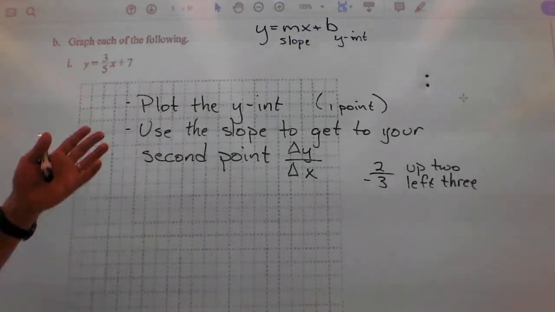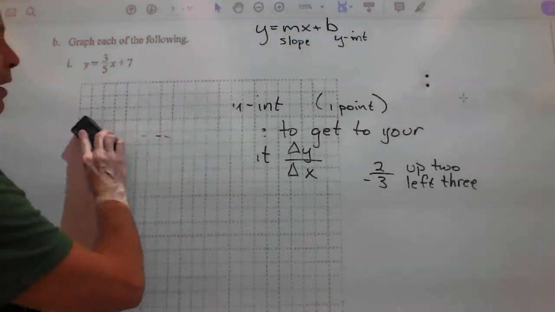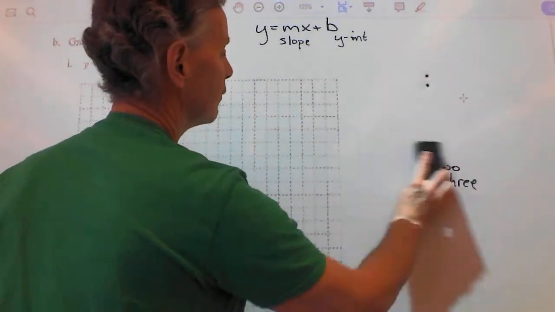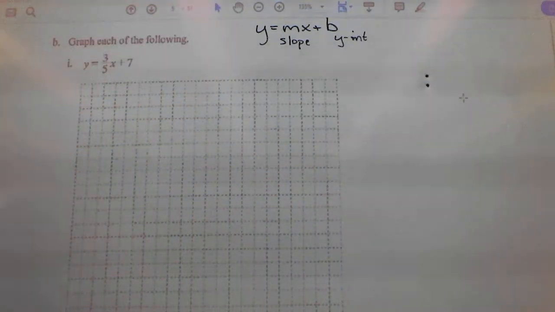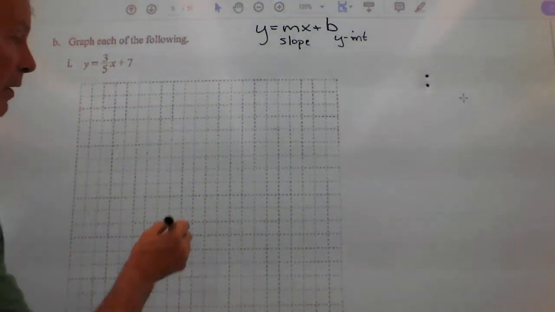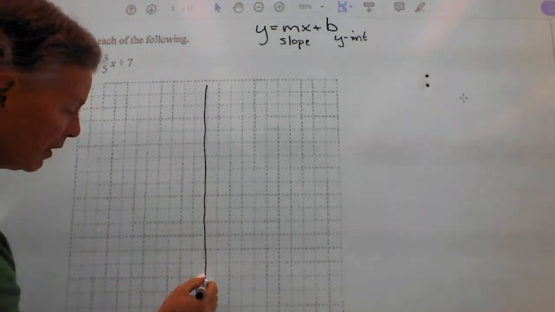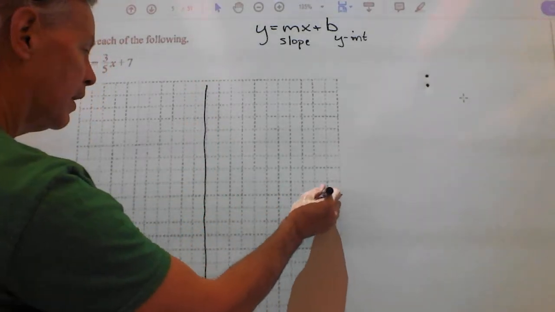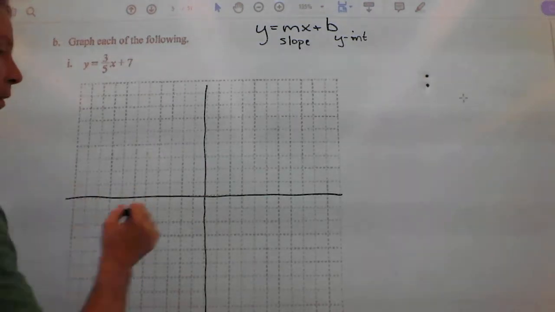And this is what we're going to do right now, okay? So it says graph each of the following. So I'm going to do this fairly quickly. So here's my y-axis, here's my x-axis.